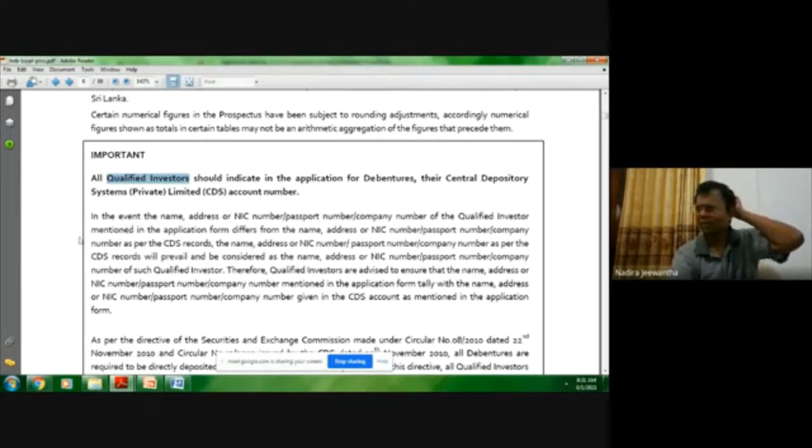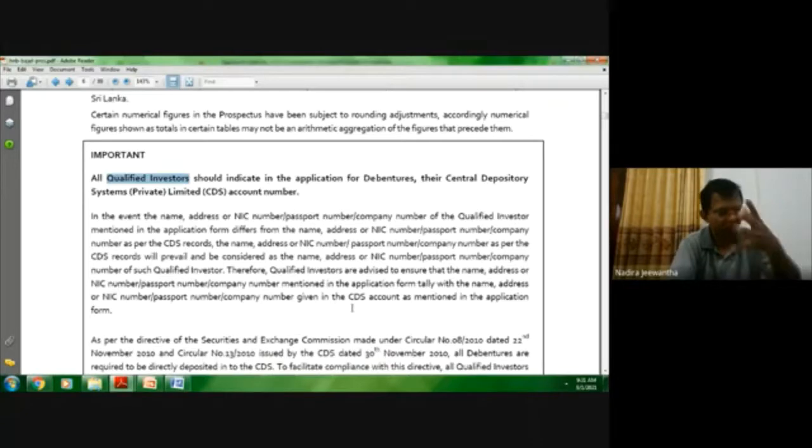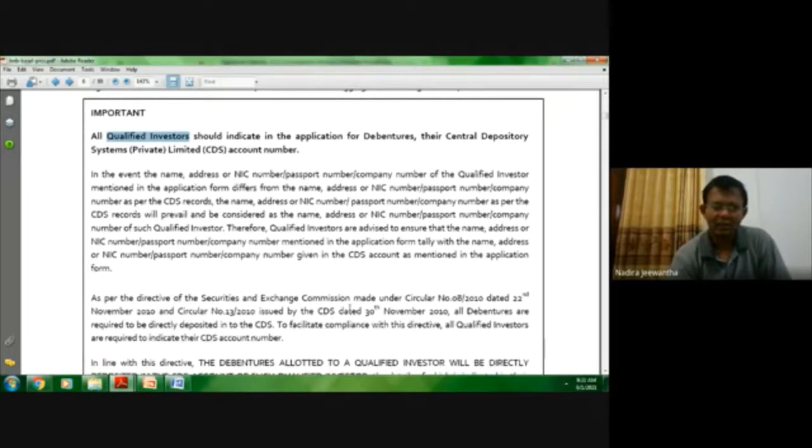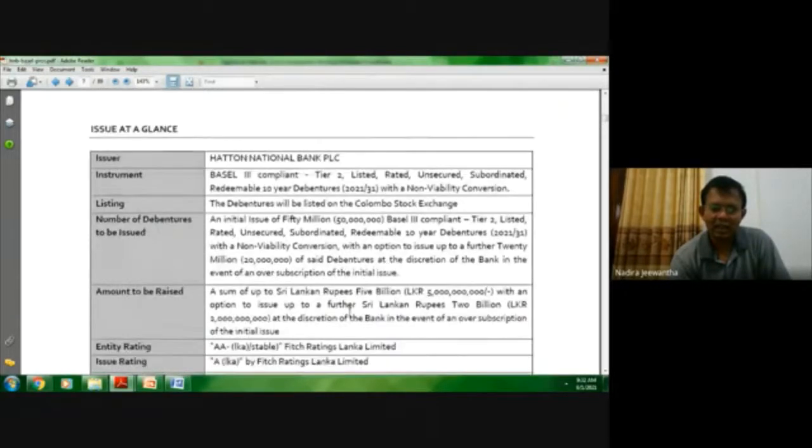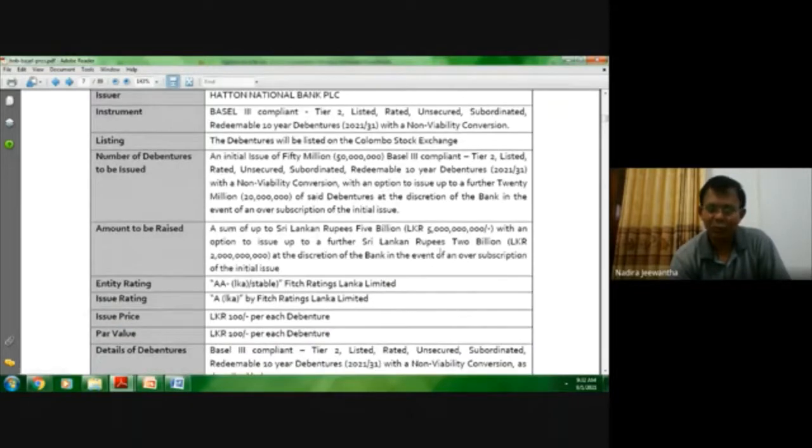Who are the qualified investors? Am I not qualified? No, we individuals are not qualified unless you have more than 50 million rupees. So the minimum amount is 50 million if you are an individual investor. So that is also important. The qualified investors are named, and the eligibility criteria is there for who can invest.